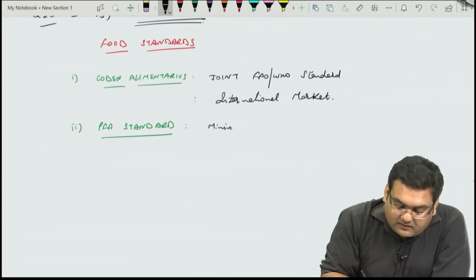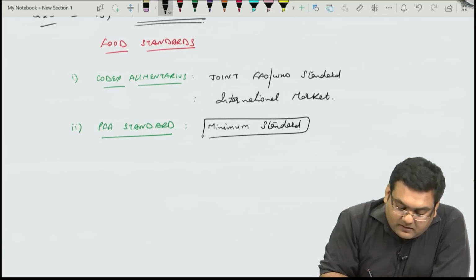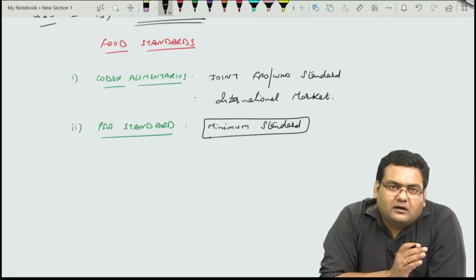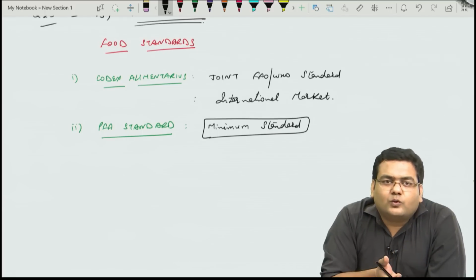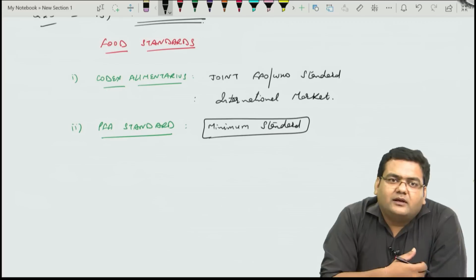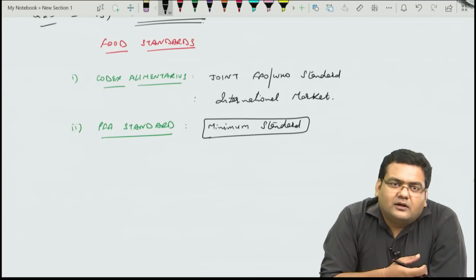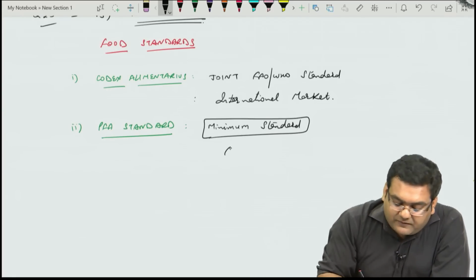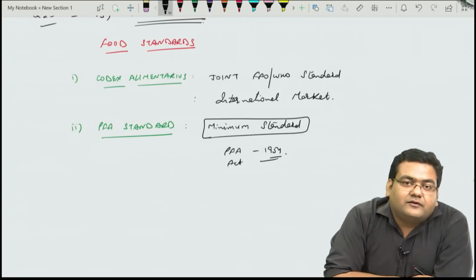Now it is the minimum standard which a food item needs to qualify for it to be fit for consumption under the Prevention of Food Adulteration Act 1954.